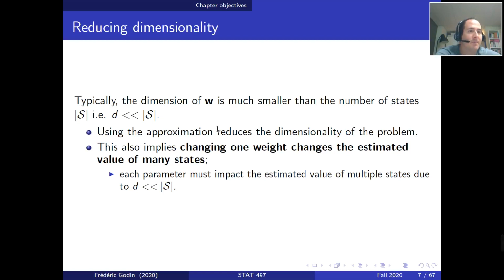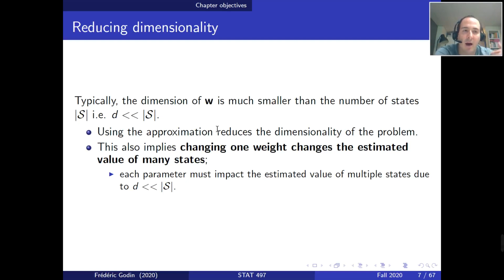So whenever you adjust or learn the value of a parameter, when you modify the value of a parameter, you're going to impact your estimate of many states at a time. So this is different from what we've done previously. This has advantages because, of course, if you only adjusted the value of one state at a time, you would never go through all states, so this isn't feasible.